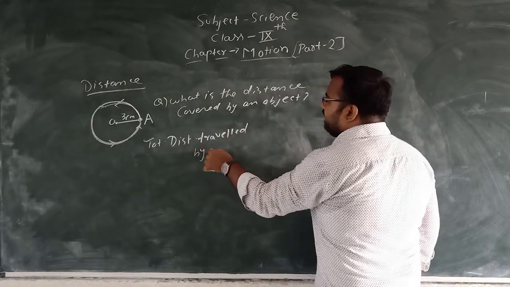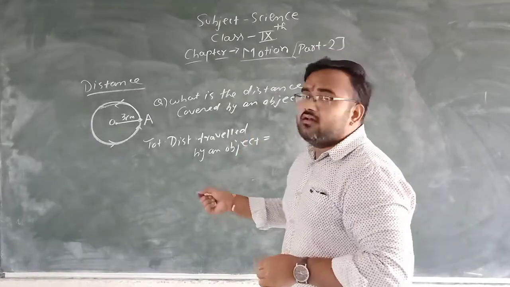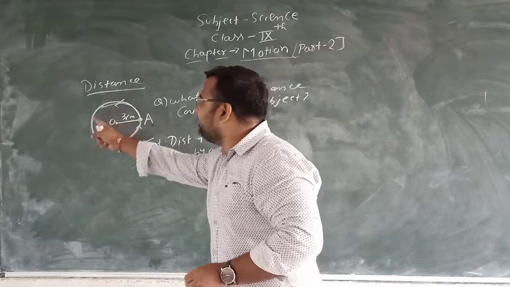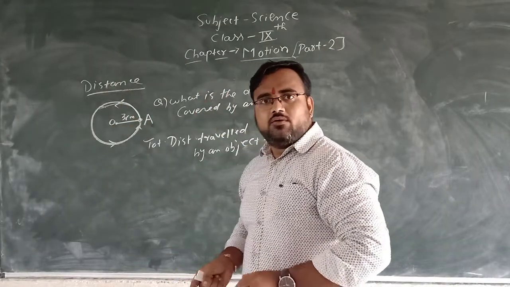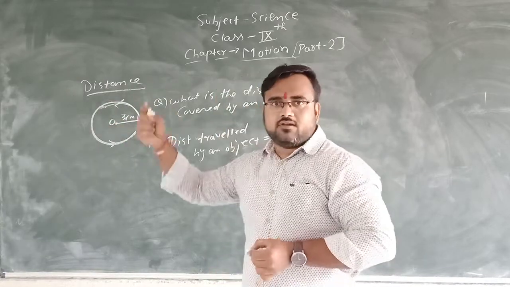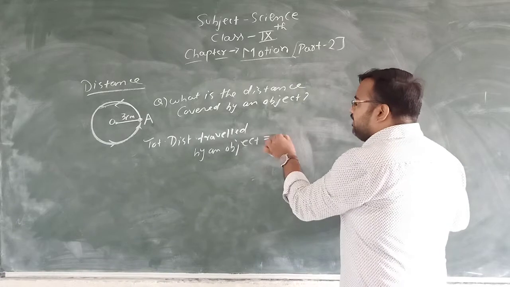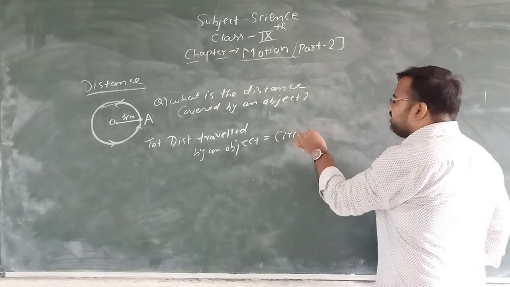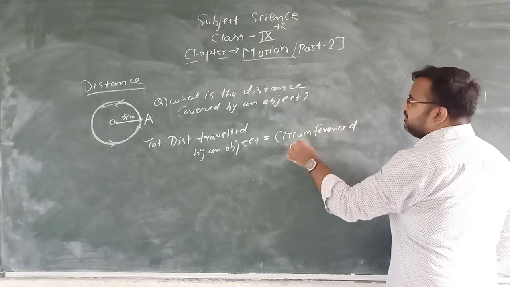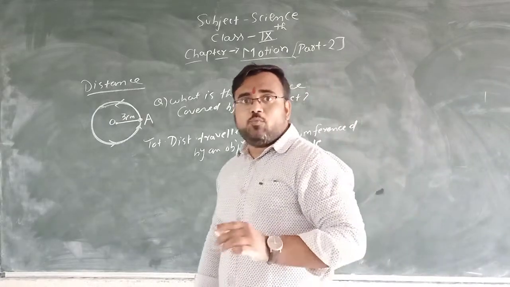So can I write that the distance traveled by the object is equal to the circumference of the circle? See, the object traveled around the periphery of the circle, and that periphery is known as the circumference of the circle. So what is the circumference of the circle? I hope you know the formula.